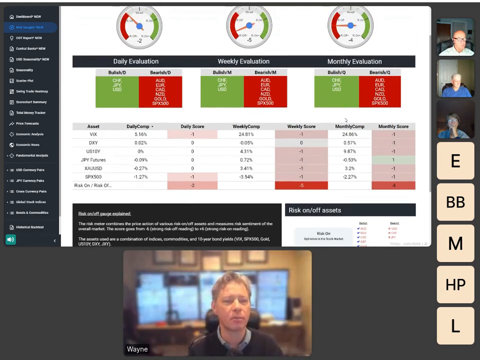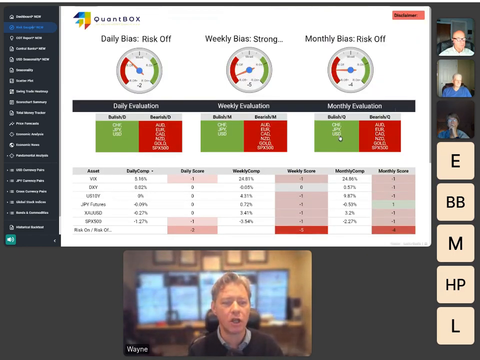And again, what does QuantBox say? Watch dollar, watch yen, watch Swissy. Dollar hasn't moved. Yen is already being manipulated by its central bank. So that's confusing. So the cleanest trade right now is Swiss franc. Okay.